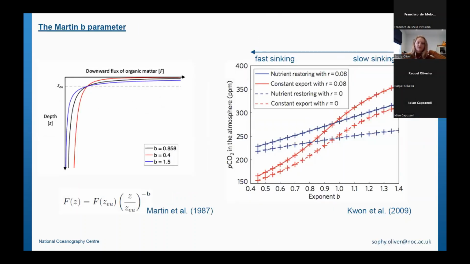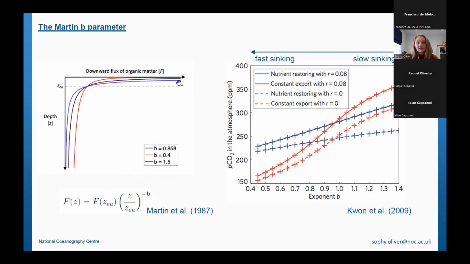One example of these parameters is the Martin B parameter. This B parameter in this equation controls the amount of remineralization occurring on sinking particles in the model. Let's start off with a high B here at 1.5.